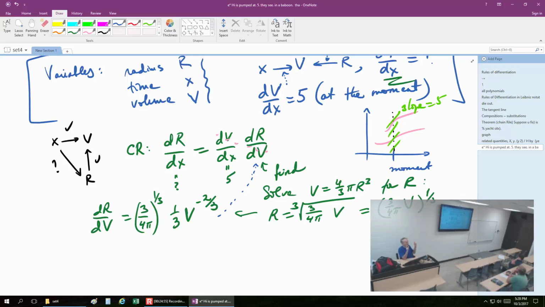Think about this. Suppose I have no volume, I have a 0, and then I increase the radius by 1 inch. Imagine how much air the balloon contains. Now imagine I have a balloon half blown, and then I increase the radius by 1 inch.